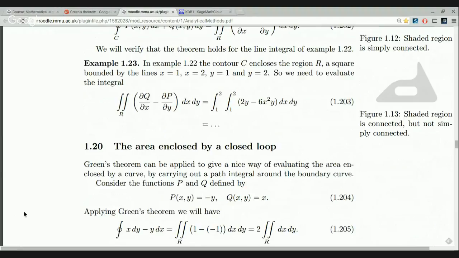Okay, so let's do an example of one of these. Example 1.23 references example 1.22.